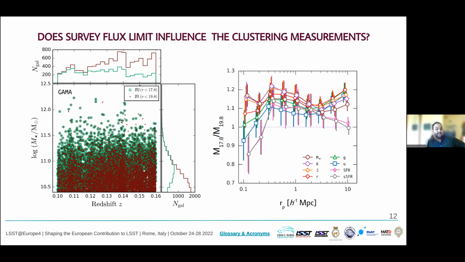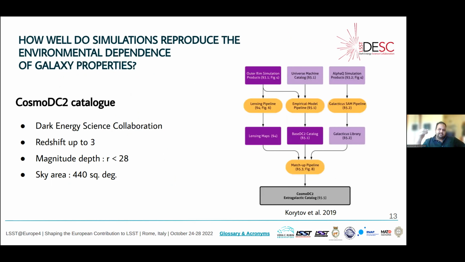That's the time when we expect that LSST can be really helpful. As a first test, we checked how useful the LSST simulated catalog, the CosmoDC2 simulated catalog, can be in these studies.